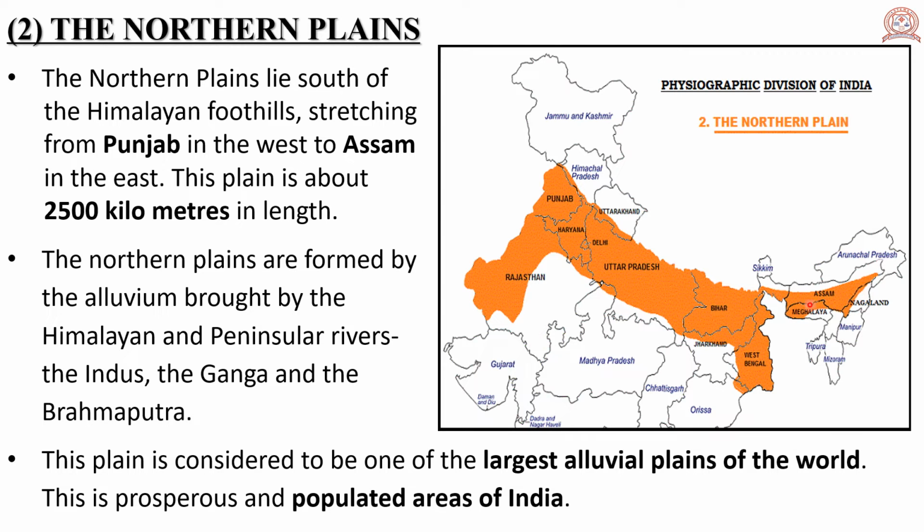This plain is about 2,500 kilometers in length. The northern plains are formed by the alluvium brought by the Himalayan and peninsular rivers like the Indus, the Ganga, and the Brahmaputra. This plain is considered to be one of the largest alluvial plains of the world. This is a prosperous and populated area of India.